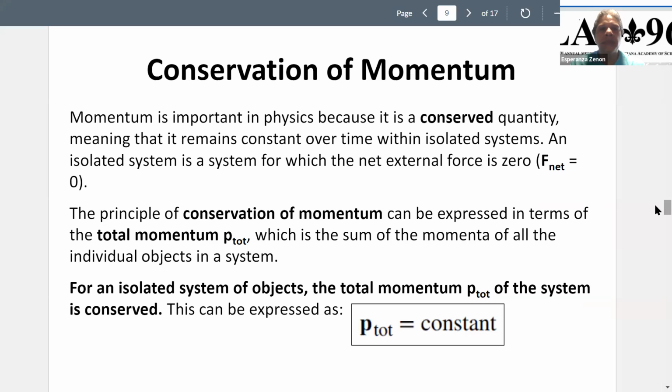Conservation of momentum, okay? Now, this is a very important concept because throughout science, you find this idea of things being conserved, okay? And when we say conserved, we don't mean like save the whales conserved, although that is important, right?